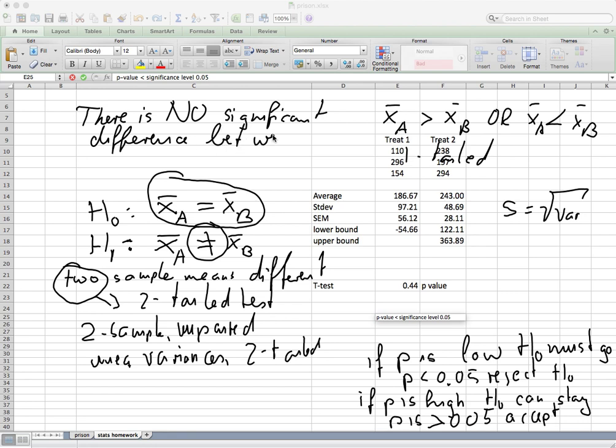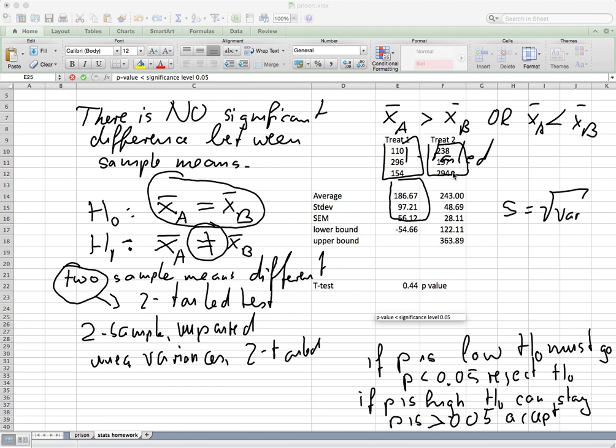The difference that we see here from these data is only due to sampling error, which we will never be able to get rid of.